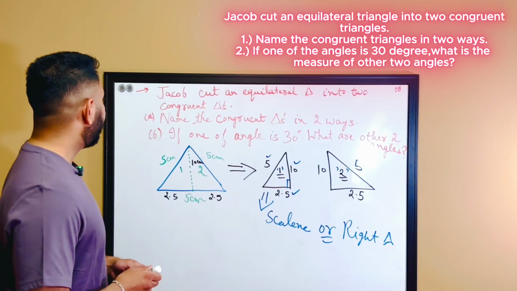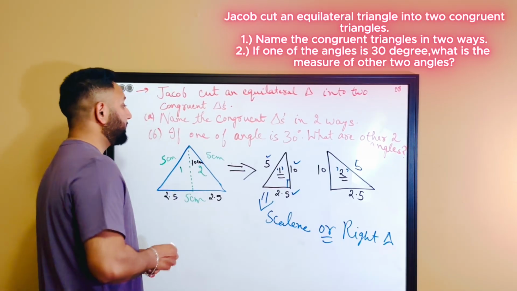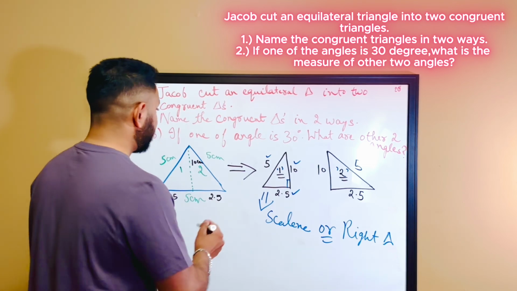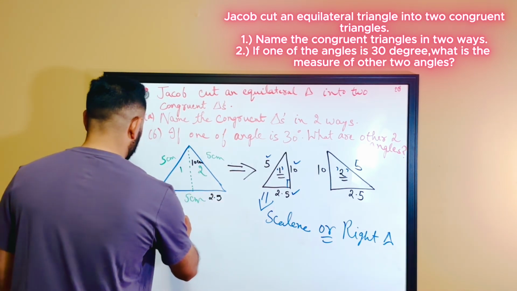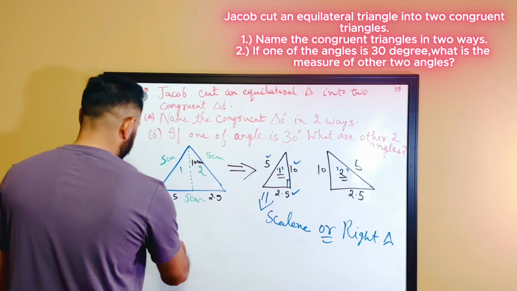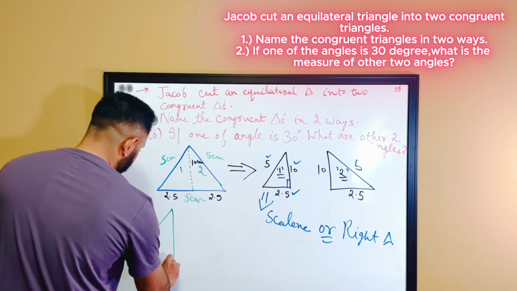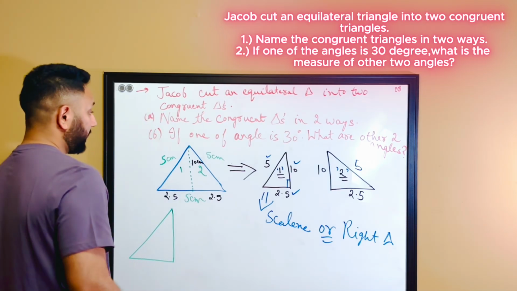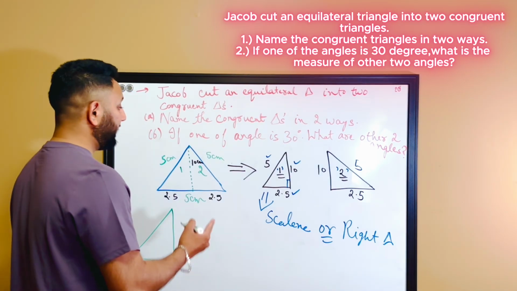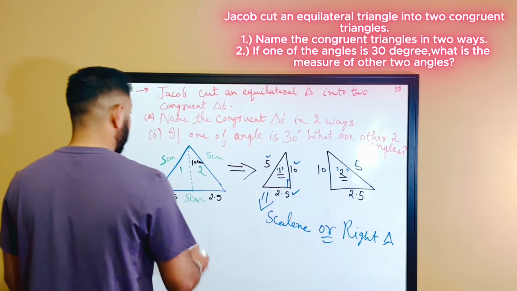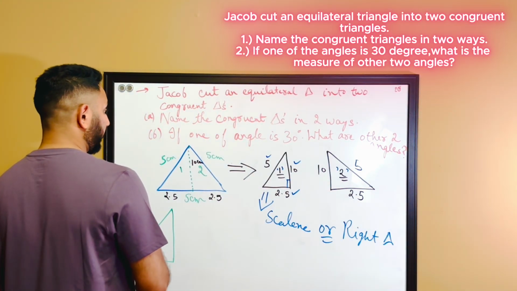Secondly, what we need to find out is, if one of the angles is 30 degrees, what are the other two angles? So let's focus on the first congruent triangle. As this congruent triangle can be either scalene or right triangle, let's suppose it is a right triangle.